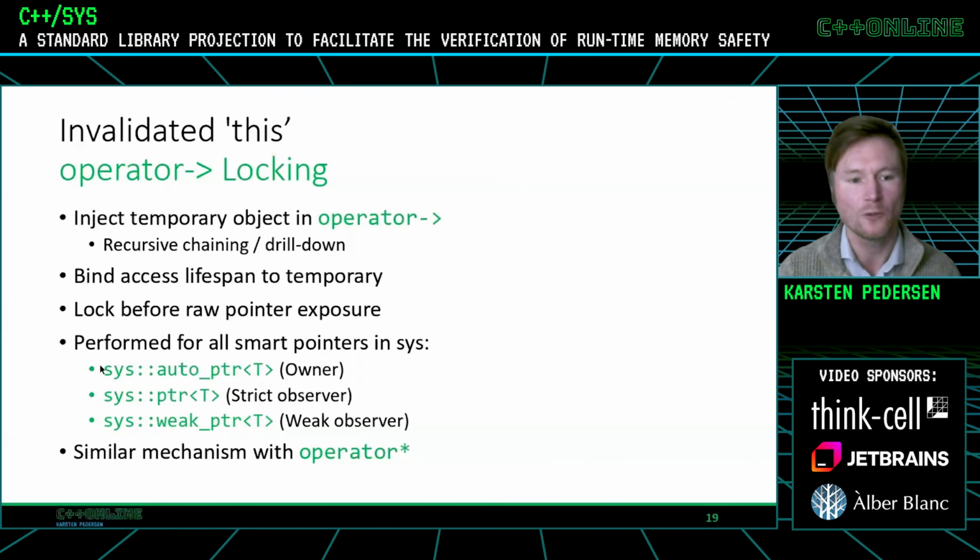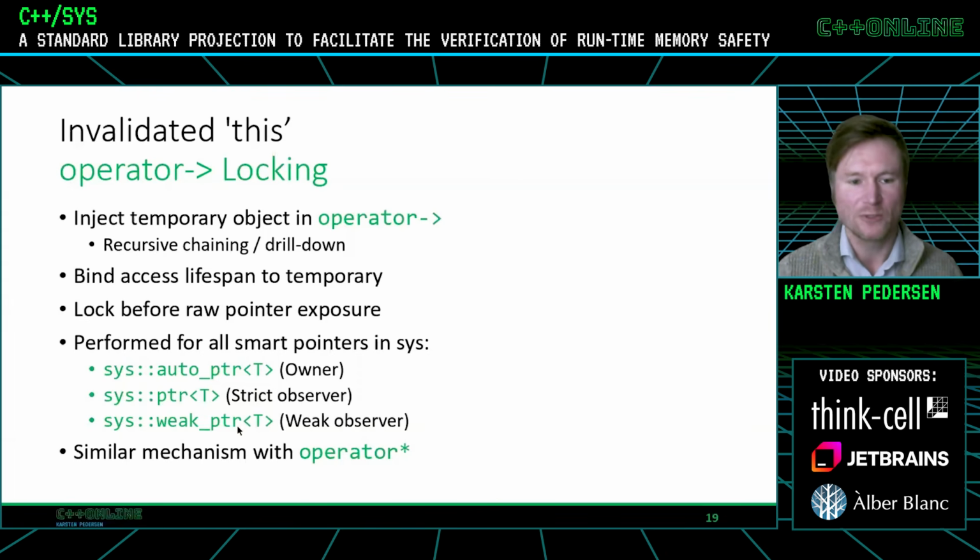And yeah, so all smart pointers that sys provides, so the auto pointer, which is closer to shared pointer than unique pointer, and then sys pointer, which is a strict observer. It means if this is pointing at something and it tries to go out of scope or tries to delete, this will then cause a panic.